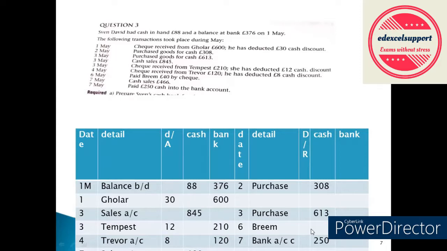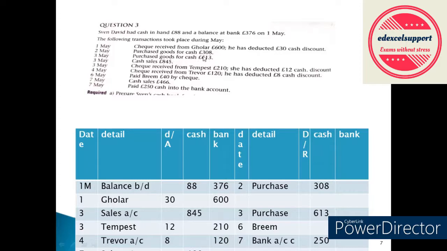So we have another question on 3 column cash book. 6. David had cash in hand 88 and balance at bank 736 on 1st of May. Following transactions took place during May. Check received from Gola 600, he has deducted 30 cash discount.